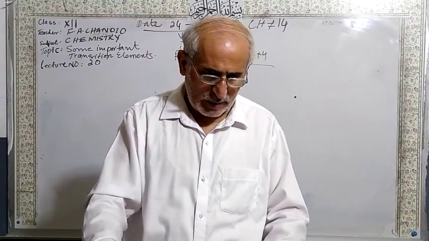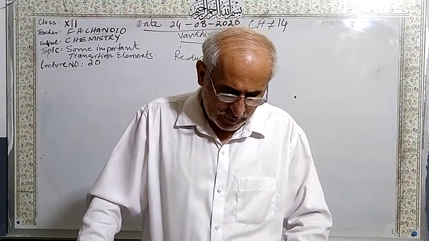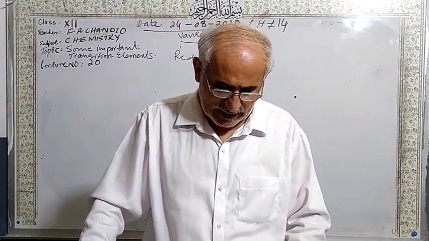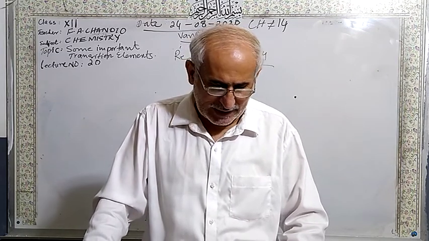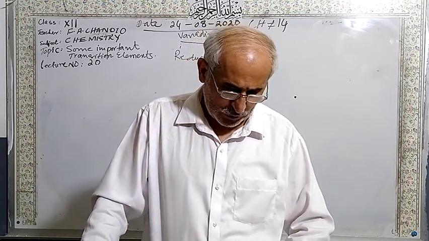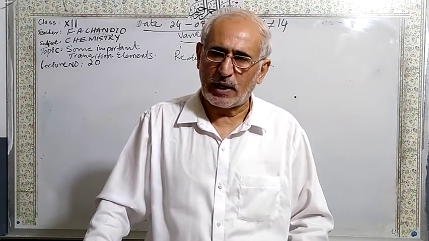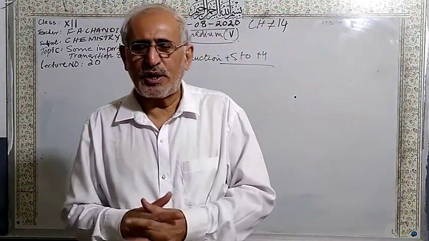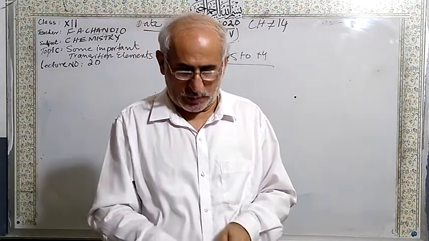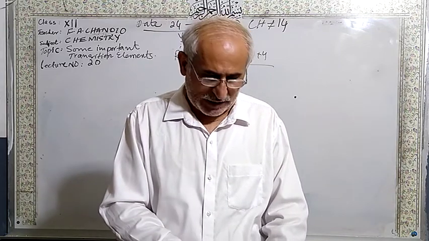If you see page number 74, the reduction takes place in the presence of HCl and zinc. In such reactions, hydrogen gas is produced, due to which the reduction takes place. Due to the change in oxidation number of vanadium from positive 5 to positive 4, the color change also takes place.